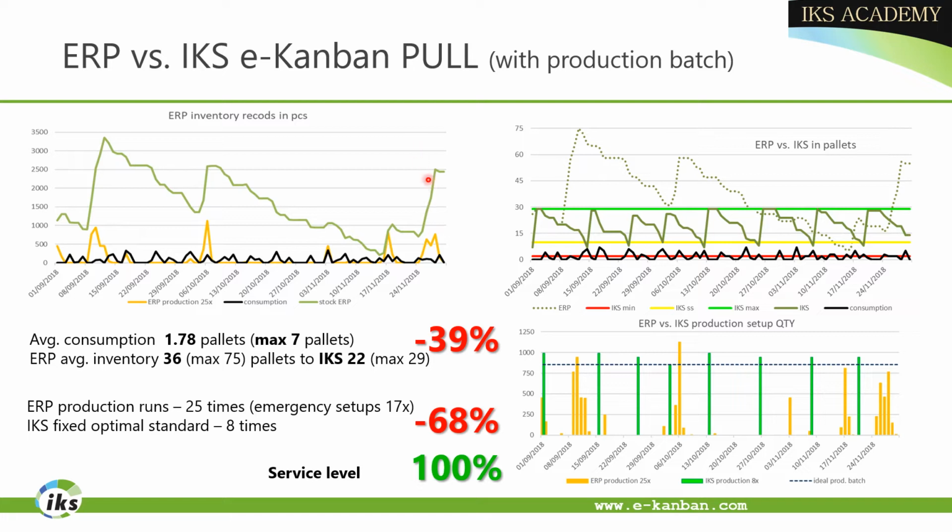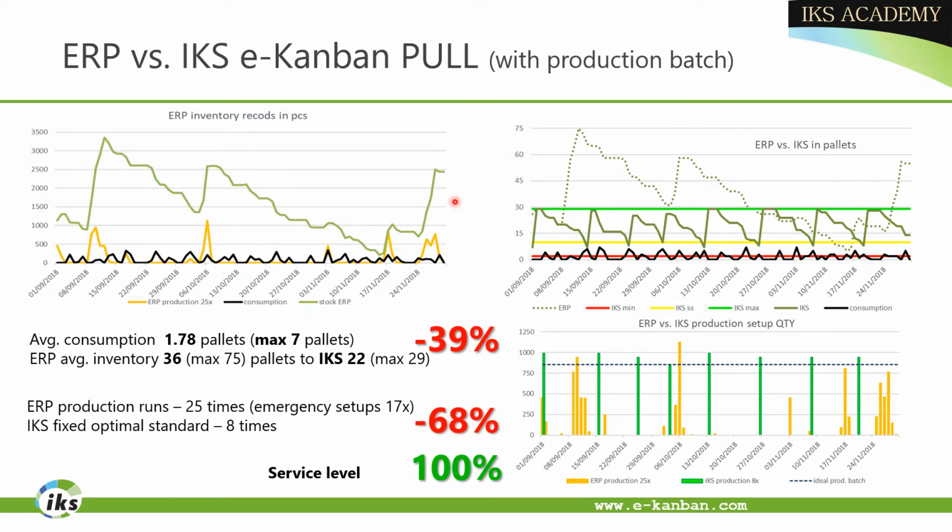So here are some historical records of the customer. There are three different colored lines: the black line is the consumption, the orange is stock building and production running, and the green line is on-hand availability.